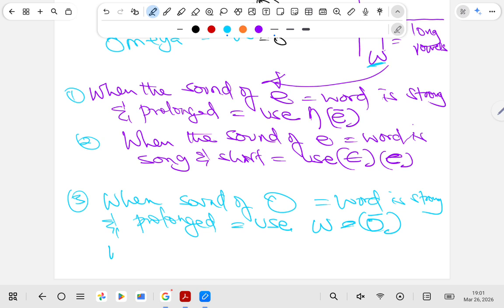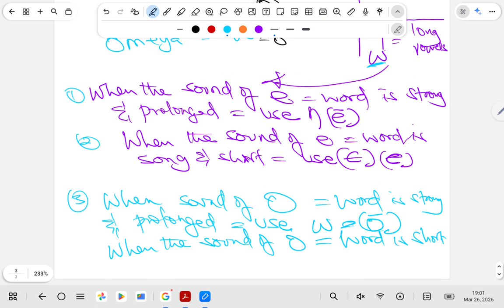And so that means when the sound of the O in the word is soft and short, then which letter do we use?